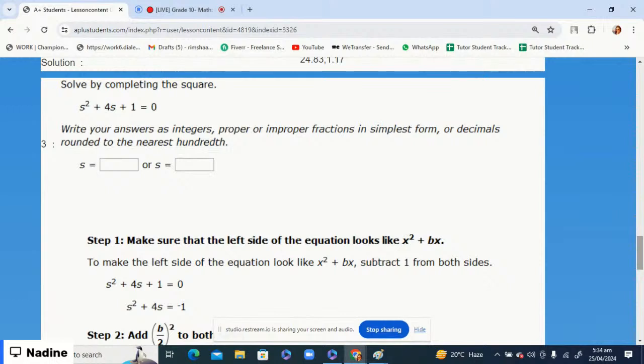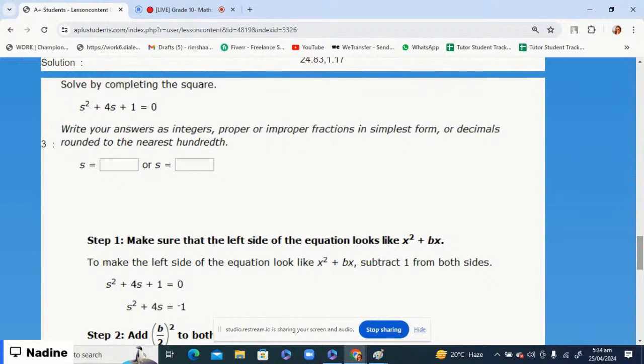Otherwise, for example, if there is some number which is multiplied with the x square term, in the first term, then we separate it out and make this equation equal to x square plus bx.